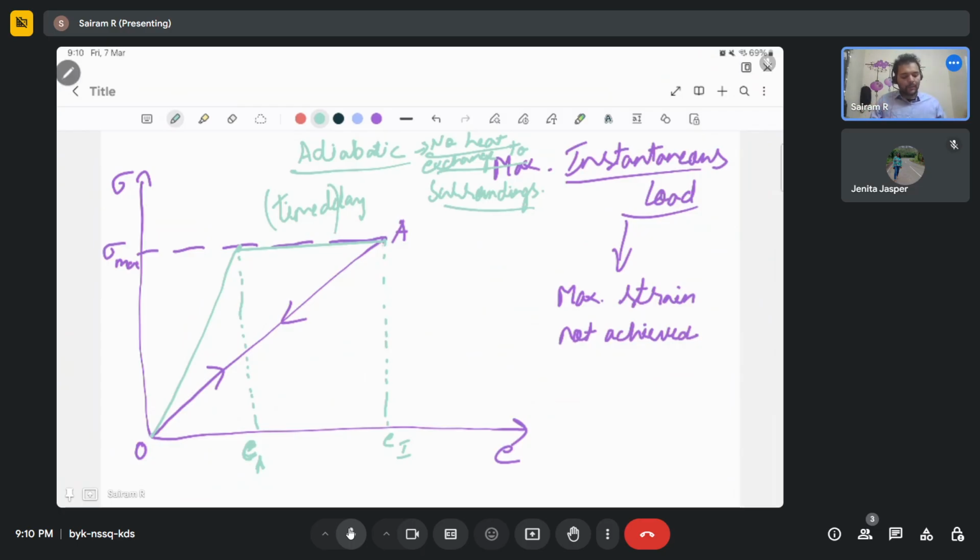The next step is, once my sample reaches point A and the strain of epsilon I, I remove my load instantaneously. Now there is some residual strain left in the material even though I have removed all the external stresses.